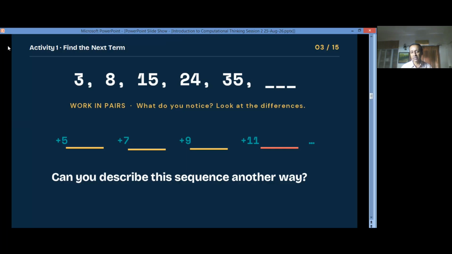That's what computational thinking is about. The same pattern has many ways to interpret and many ways to represent. So take a minute, think through, and come up with another method of representing the pattern. I'll pause for 15 seconds and show the other way of interpreting this pattern on the next slide.